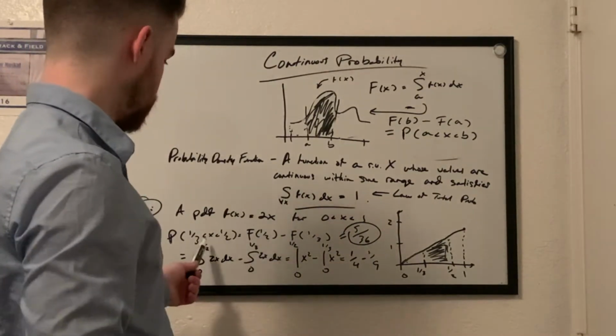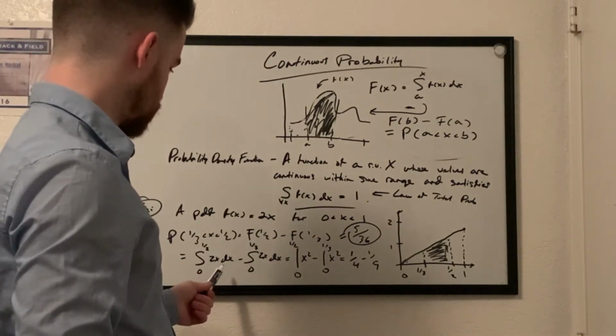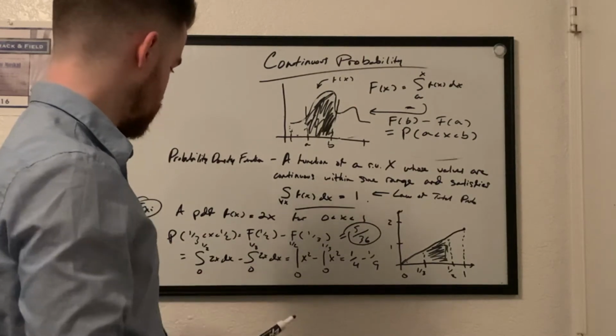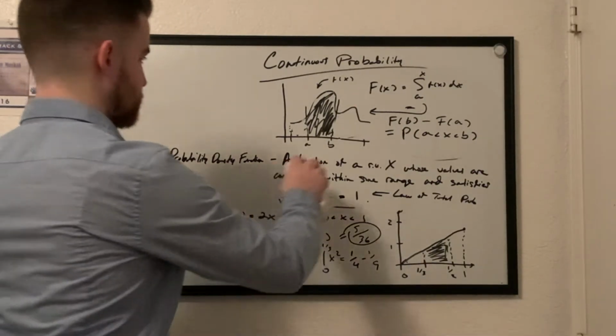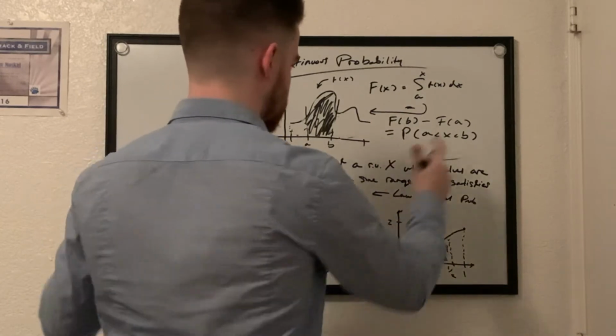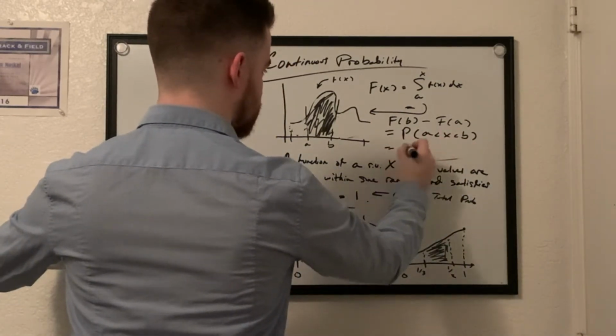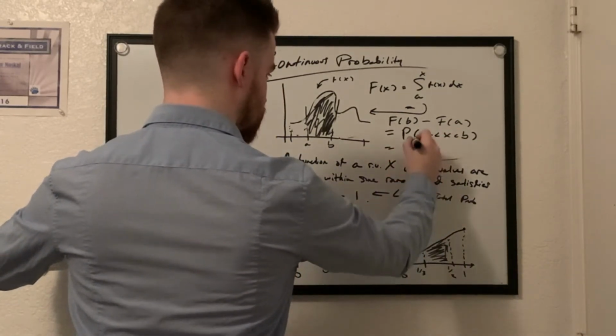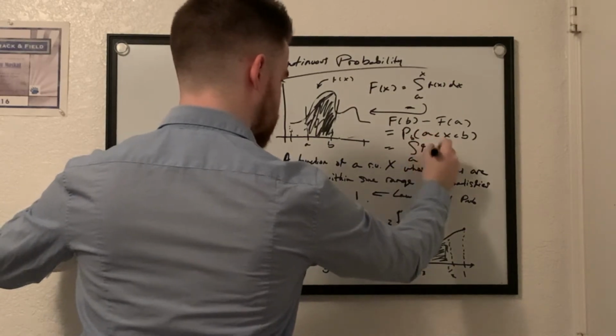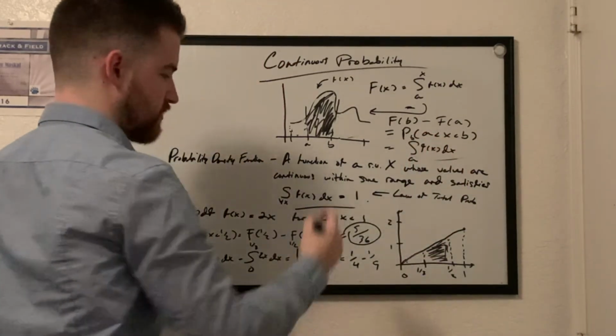You can also show this a little bit better. If you wanted to figure out the probability that x is between these points, you could simply do the integral from a to b of f of x dx, and it gives you the exact same thing.